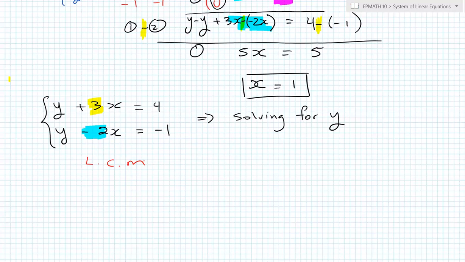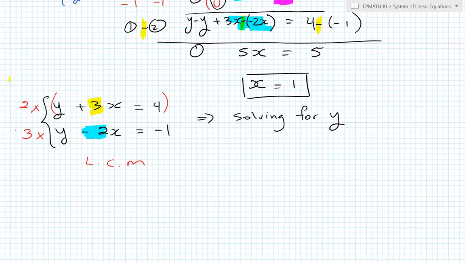So in order to get 6, I have to multiply the top equation by 2, everything by 2. And what do I have to multiply minus 2 by to get 6? Same idea, so multiply it by 3. Okay? Now, notice that I didn't do negative. You could have actually multiplied by negative. It doesn't really matter. But at the end, I can just add and they go away.